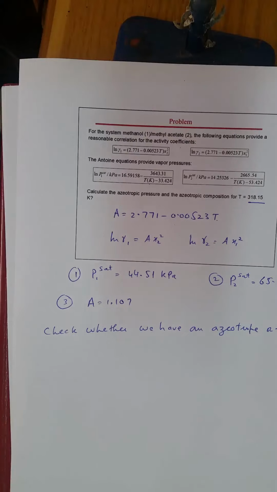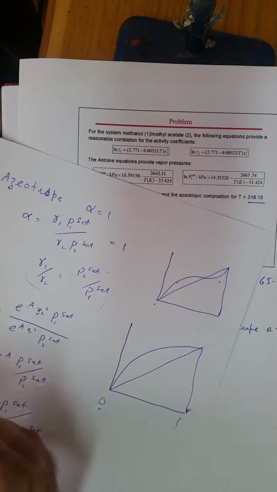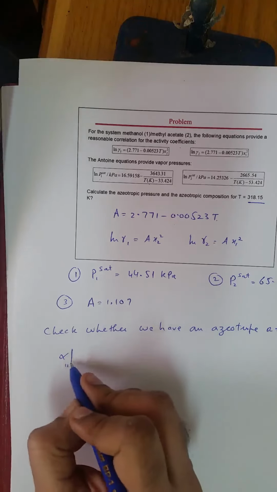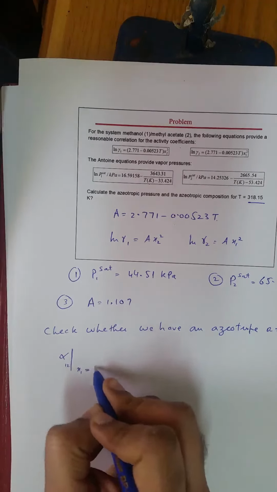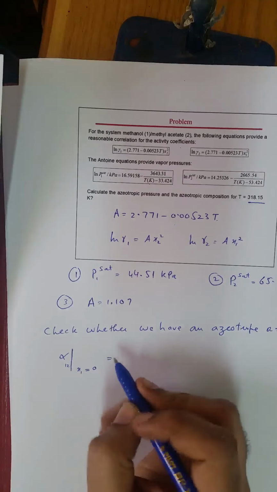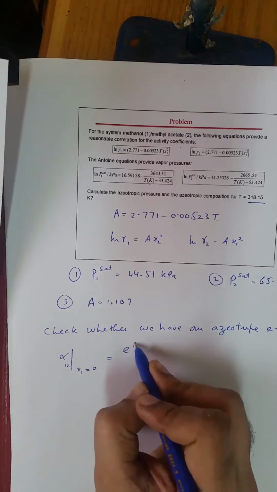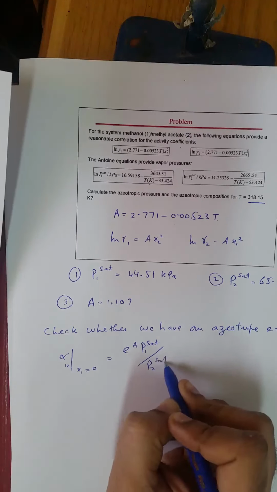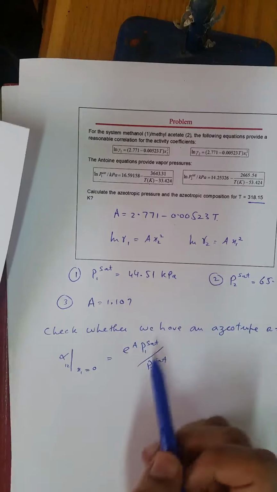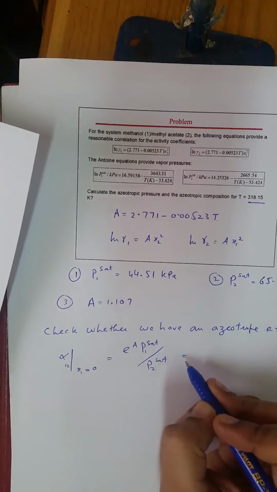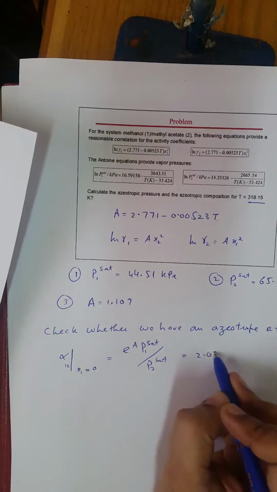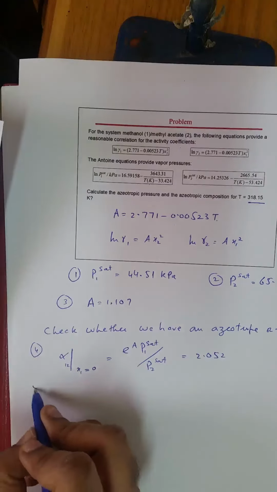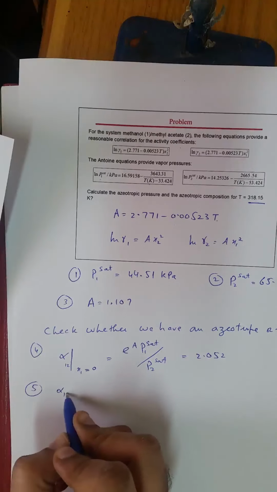These are the steps. Alpha 1 2 means components 1 and 2. Fourth step: we substitute x1 equal to 0 in the equation, alpha 12 equal to e to the A times P1 sat over P2 sat. We know P1 sat, we know P2 sat, we know A. It comes out to be 2.052.